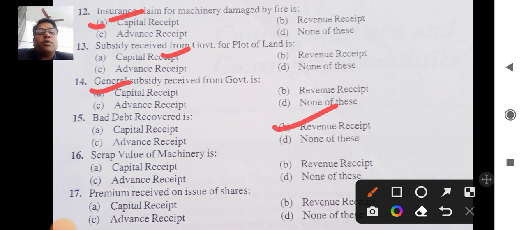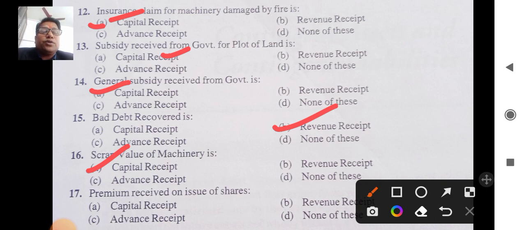This will also be capital receipts because machinery is one of the capital assets, and whatever you get at the last moment of the residue will also be treated in the machinery account, and machinery account is one of the asset accounts. So therefore it should be capital receipts.